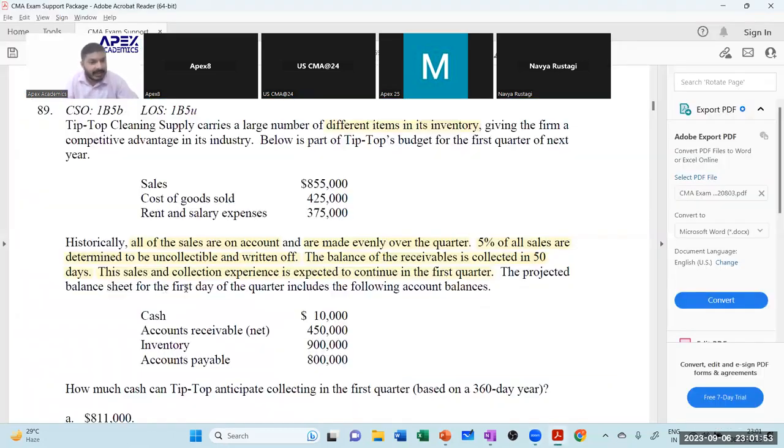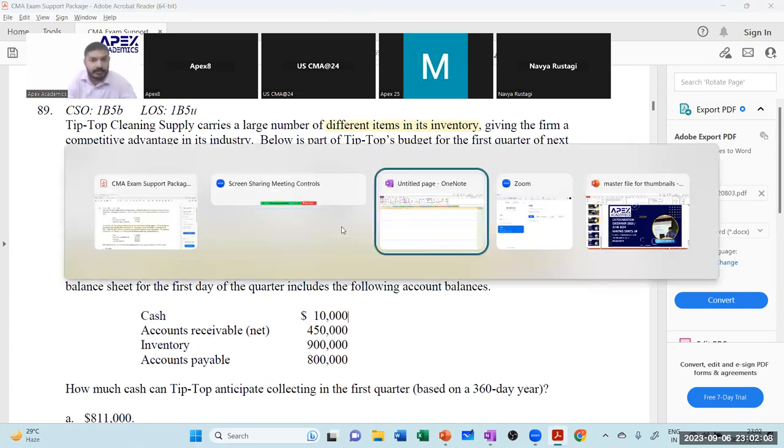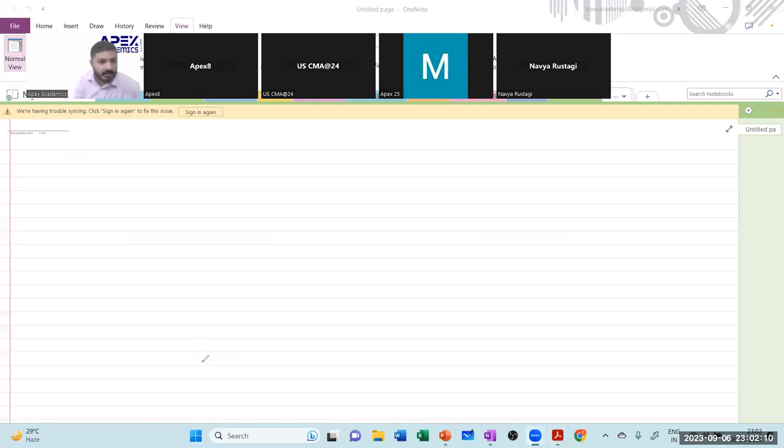The projected balance sheet for the first day of the quarter includes the following balances. Cash. This cash balance, this company outrightly has. Remember one thing, I'm writing an important note over here because students may make a mistake over here.